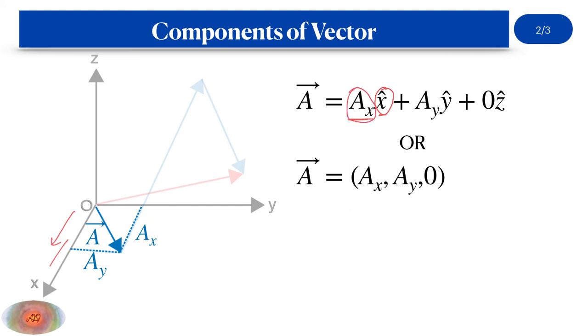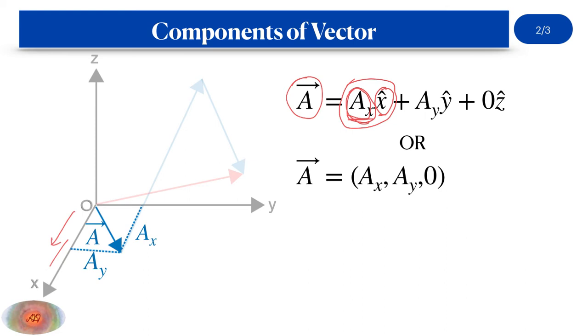So basically these two represent another vector, and of that vector A_x is the magnitude and x cap represents the direction. So along the positive x direction, this vector moves A_x distance, or the length of the vector A is A_x along the positive x direction.